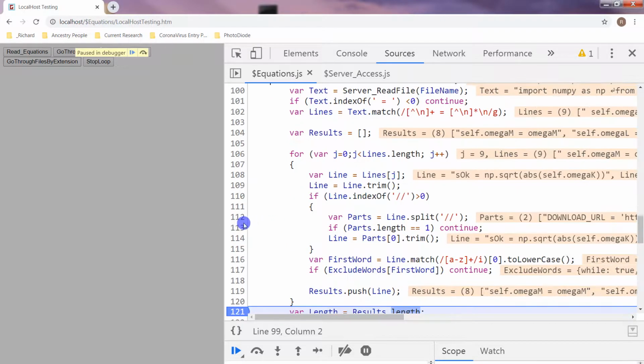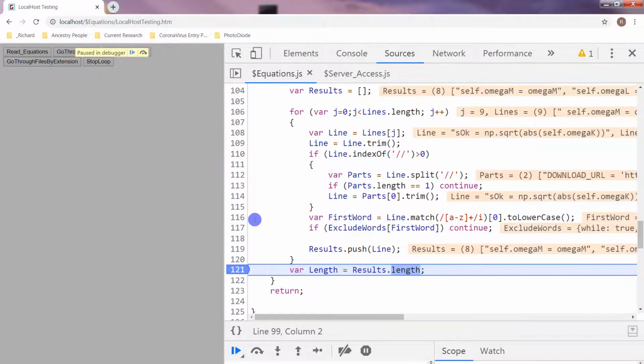So I come in, I get a line, I trim it. If it has a // in it, then I split it, check if it's all a comment, and then I take the line part of it, trim that, and then continue.